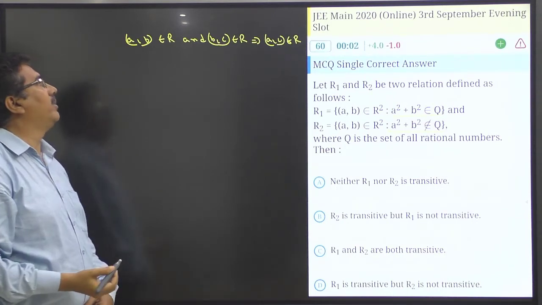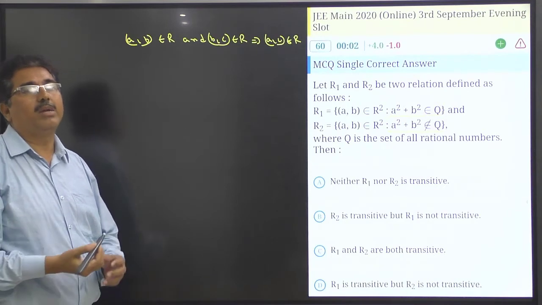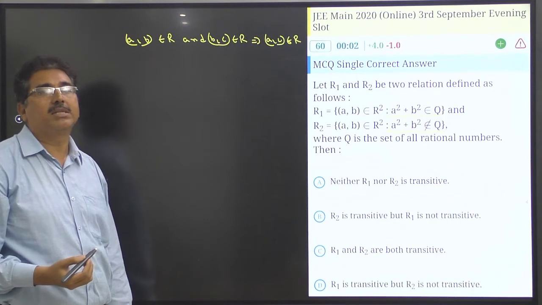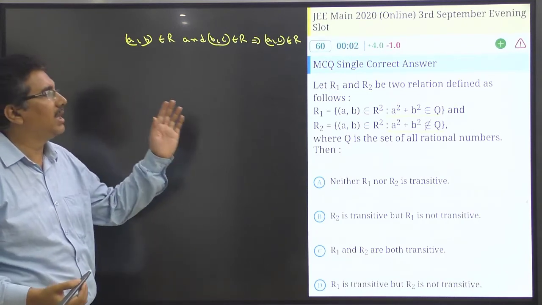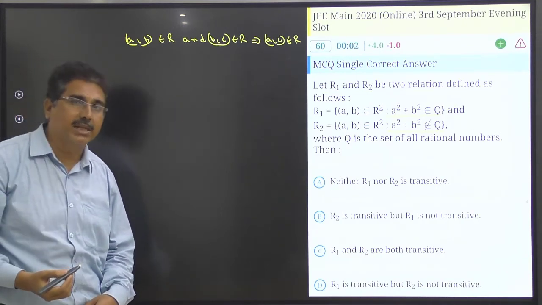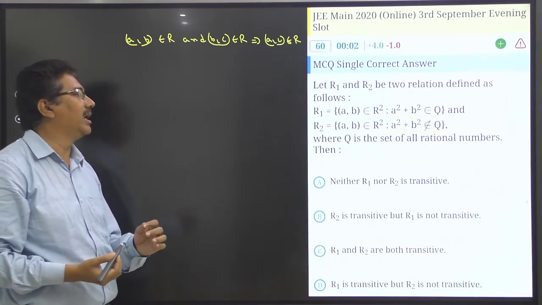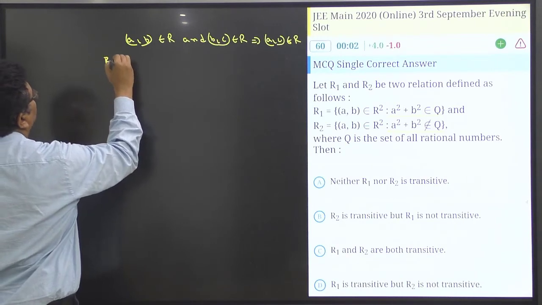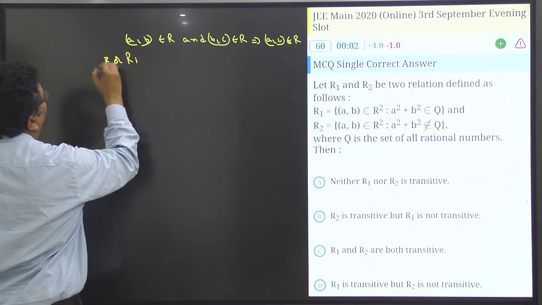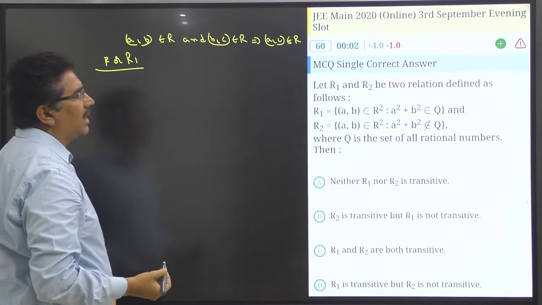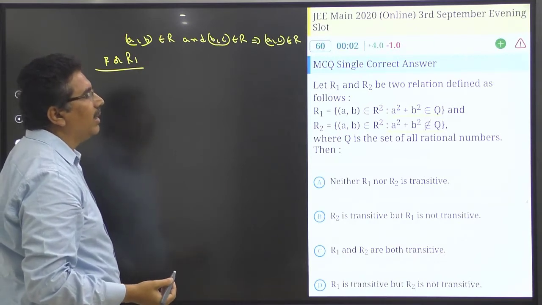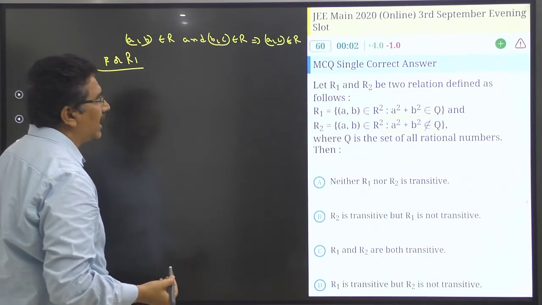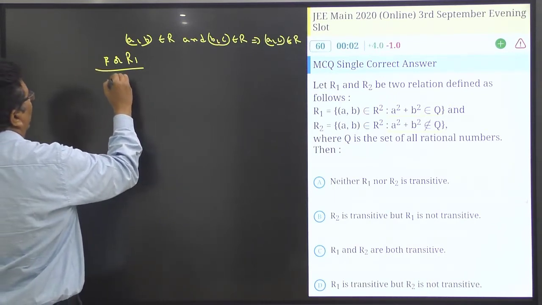So (a, b) belongs to R and (b, c) belongs to R, that implies (a, c) belongs to R, then the relation is said to be transitive. Now, verifying whether R1 is transitive or not. For the relation R1, a square plus b square belongs to Q. For that, I choose one example.